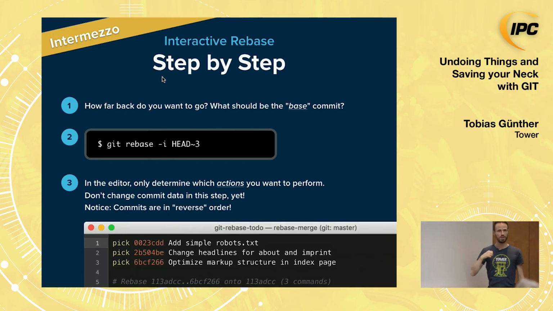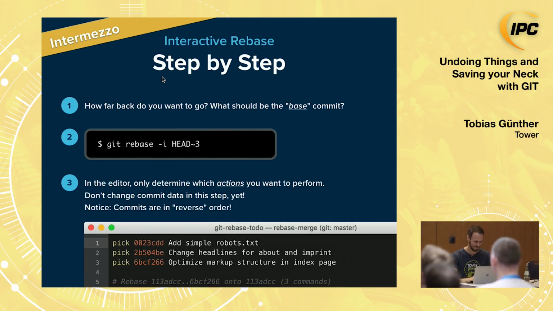The second step is to actually start the interactive rebase session with that command. And the third one is you're going to get an editor window with that part of history that you selected. We'll see that. And the important thing here is to not make the changes in that step already. You'll see what I mean in a second. That's something to remember. Let's do this in practice.